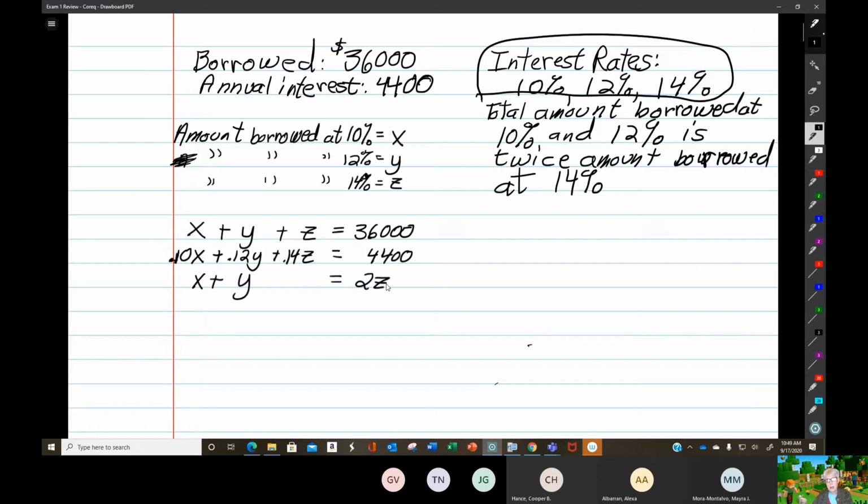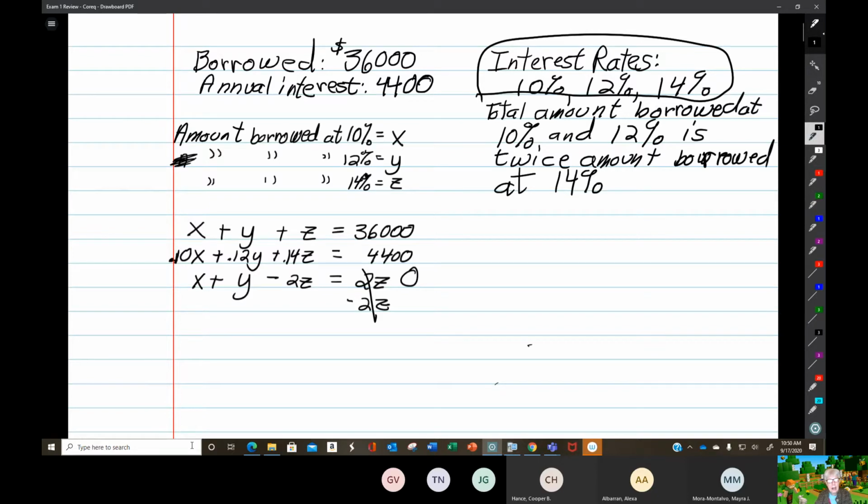However, that's not the way you write a matrix. There aren't any letters over here. So I'm going to have to subtract 2Z from both sides, so that I get a 0 over here.